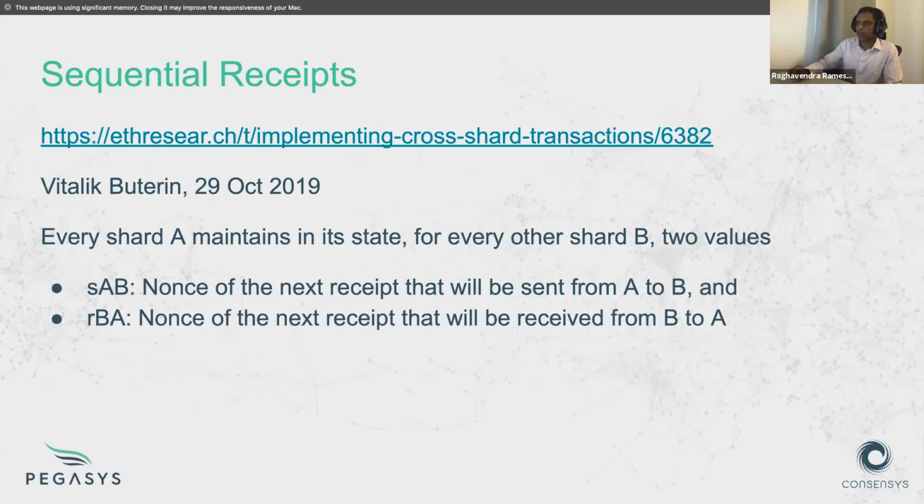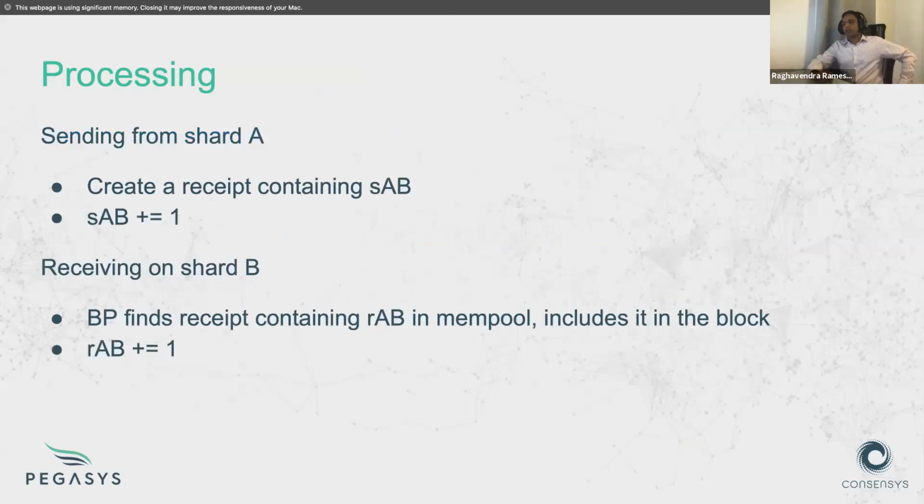Okay, let's look at the mechanism. Suppose I want to send from A to B. The shard A will create a receipt containing SAB, this nonce, and it will locally increment this nonce.